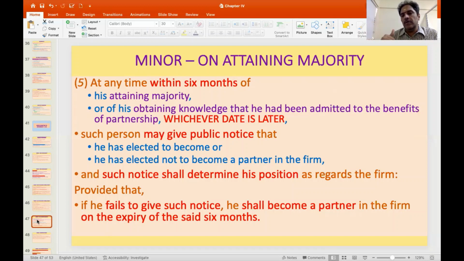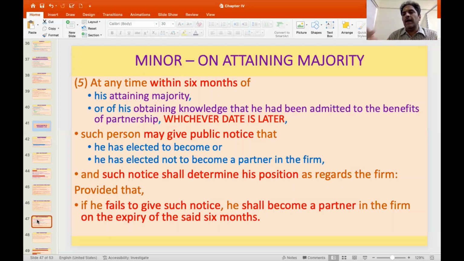Suppose he gets to know about this later, after he has attained 18 years also, then from that point, 6 months after his getting the knowledge, whichever point is later, he should give a public notice to indicate whether he wants to continue in the firm or he wants to go.